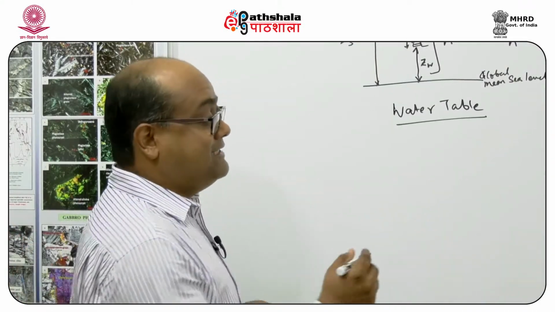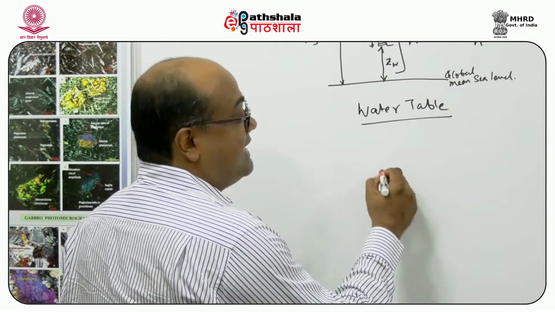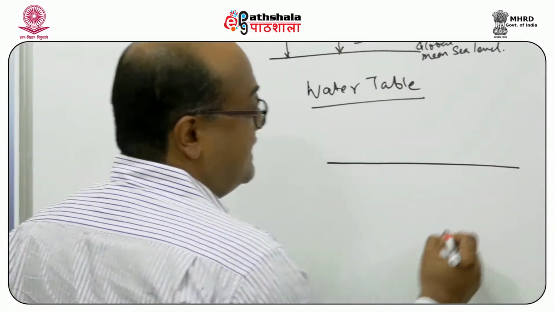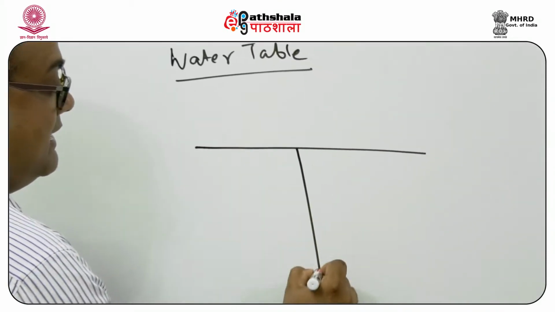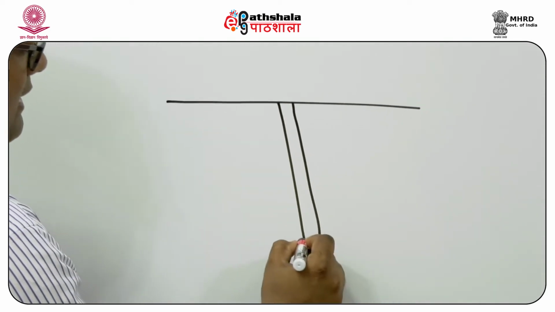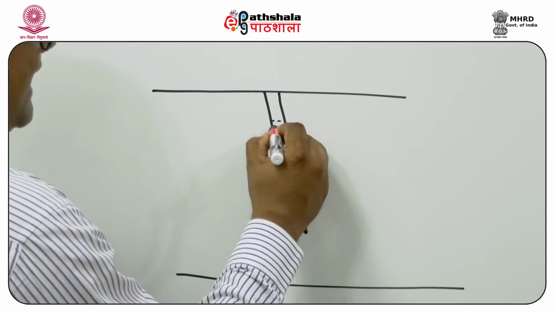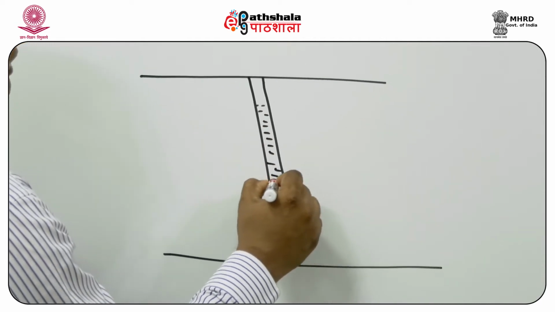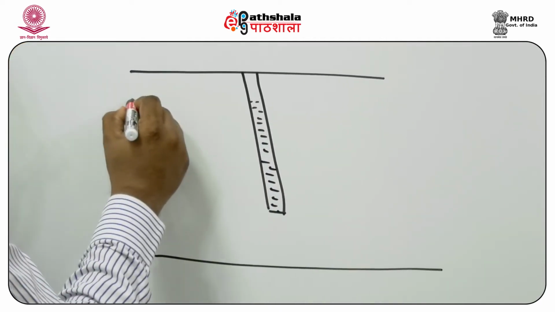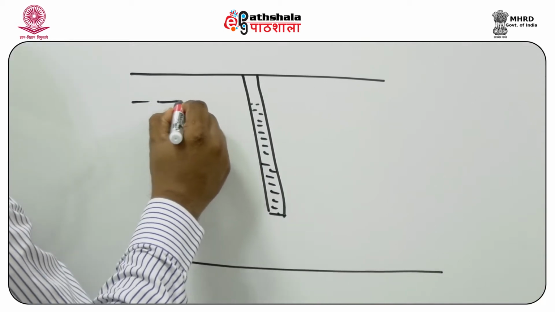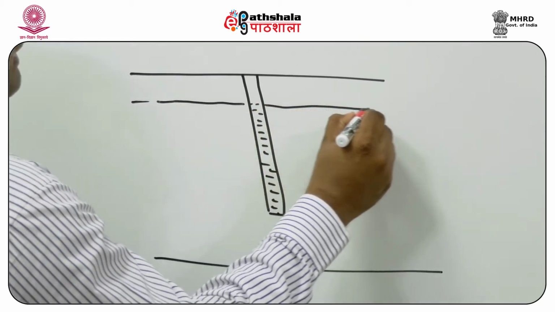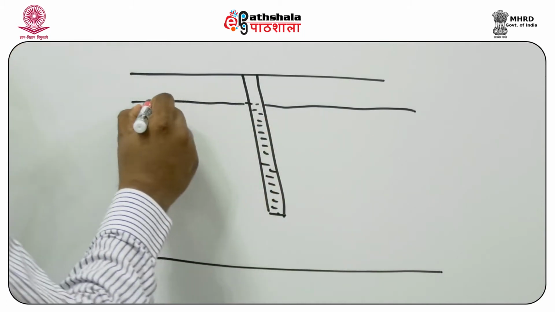So if I take a similar diagram, in which this is my surface, this is the well in which there is water standing, and this is the representation of my water table. So how did I draw the water table?